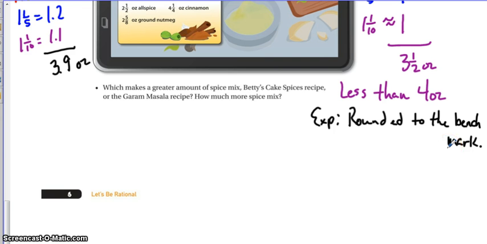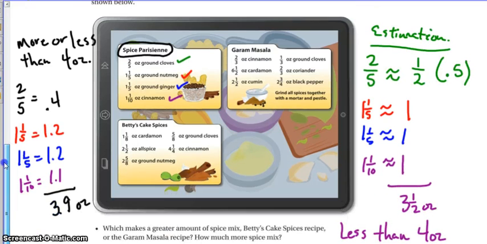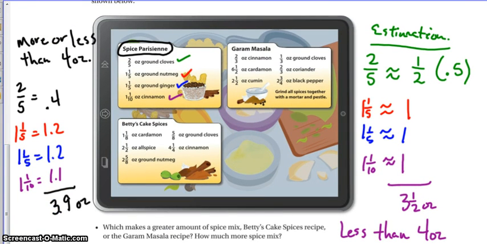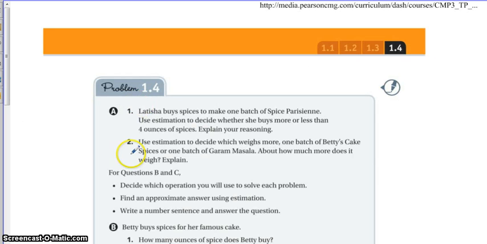So this is really kind of what we're doing today, or I guess tomorrow in class when you show up. What you need to do before coming to class tomorrow is you need to do A2, and A2 says to use estimation to decide which weighs more, one batch of Betty's cake spices or one batch of the garam masala, and then about how much does one weigh, and then you are to explain.